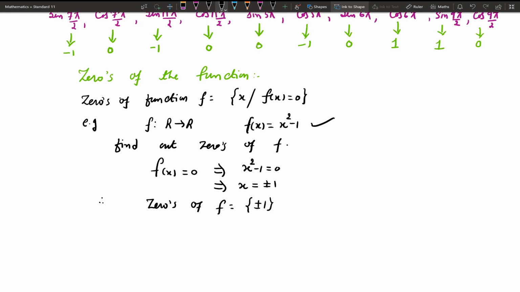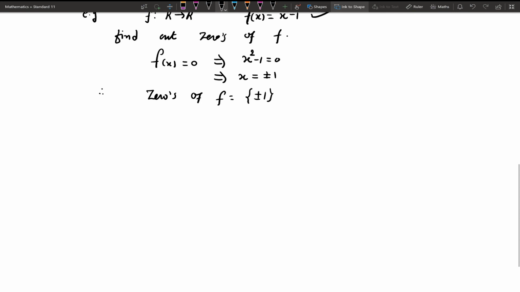Similarly, for the 6 trigonometric functions we will define zeros. First, for sine and cos we will remember the zeros of the cos function. Zeros of the cos function means all x for which cos x equals 0.